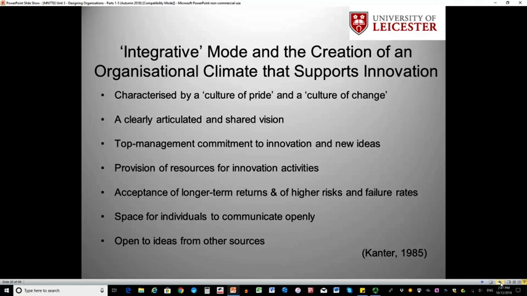In other words, individuals can start to contextualise their own activities and connect their activities to others. But it's also one where managers are encouraging of new ideas, they are committed to innovation, and they also provide the resources to back up that commitment so that innovation activities can occur.